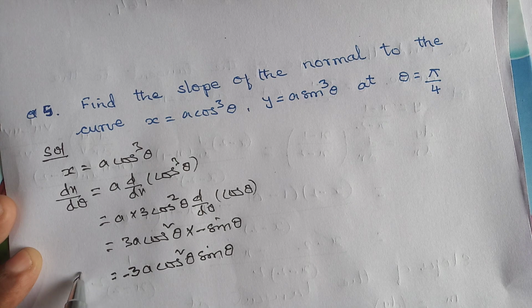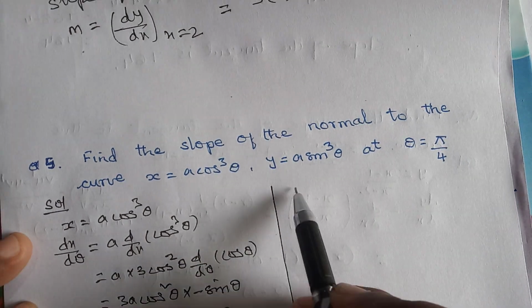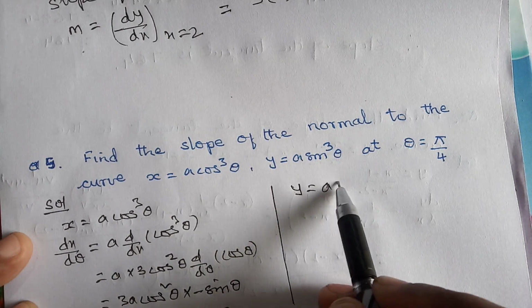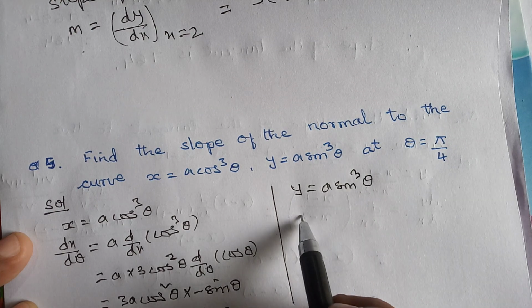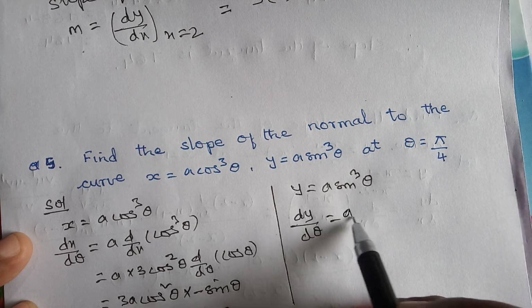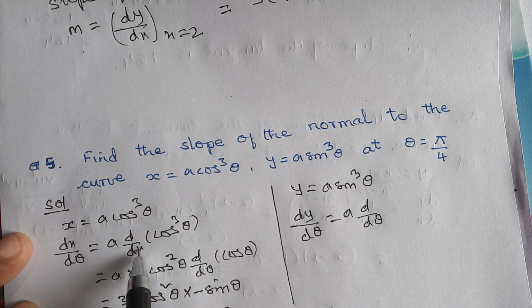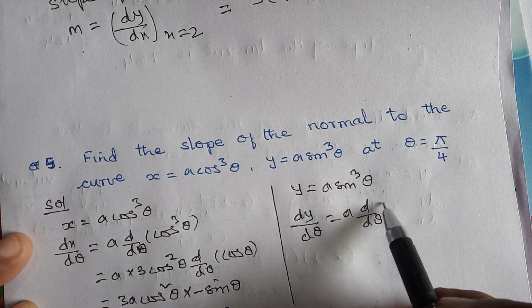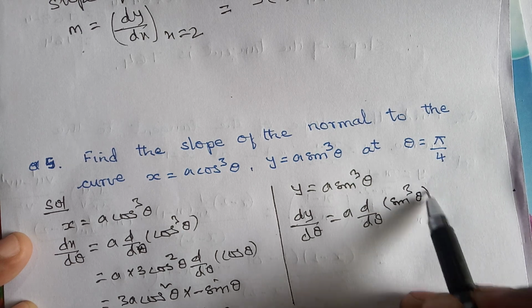Okay, that is the value of dx by d theta. Similarly, solve y equal to a sin cube theta, differentiating with respect to theta. a outside, d by d theta of sin cube theta.